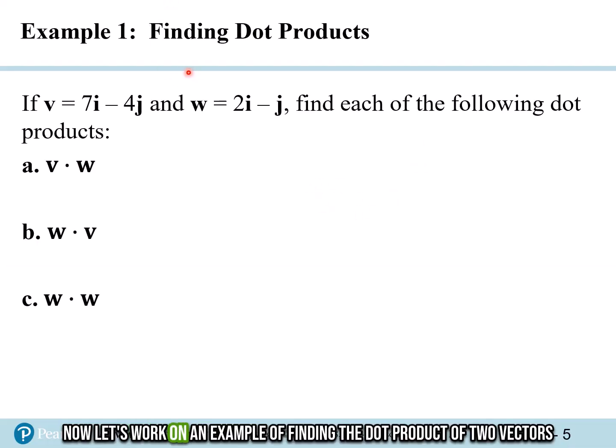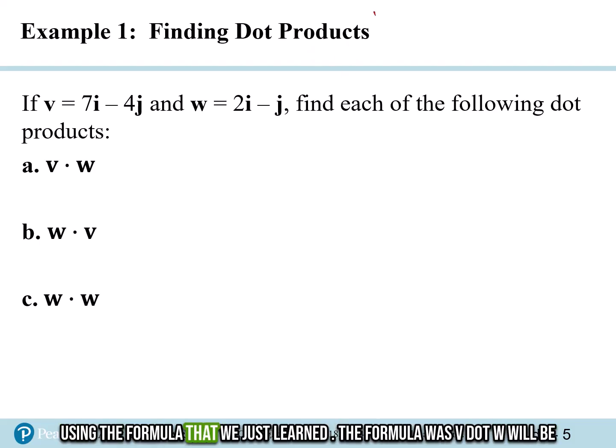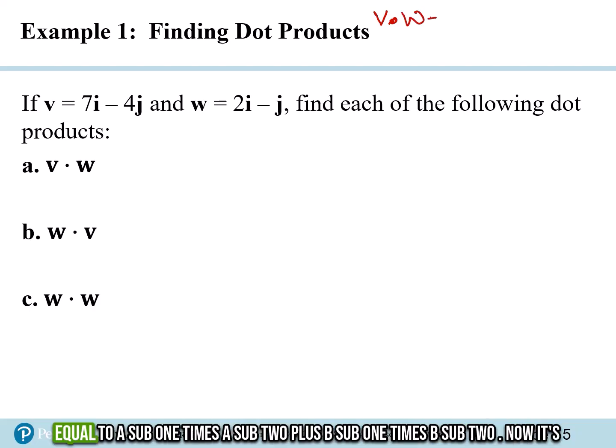Now let's work on an example of finding the dot product of two vectors using the formula that we just learned. The formula was v dot w equals a sub 1 times a sub 2 plus b sub 1 times b sub 2.